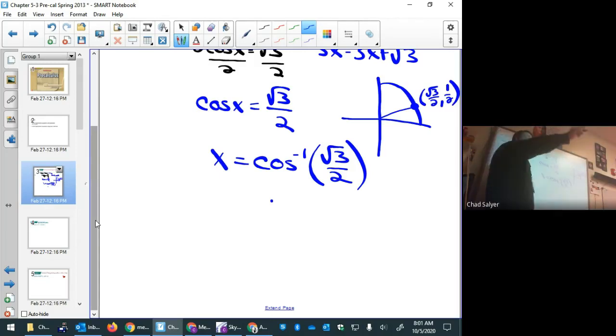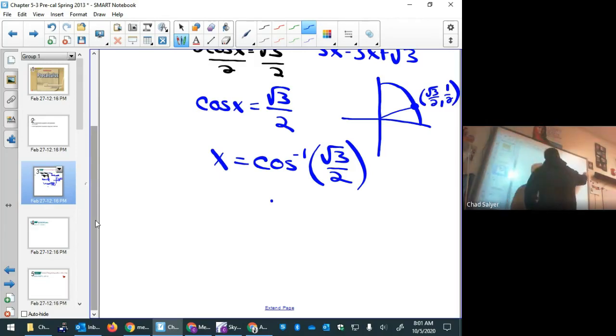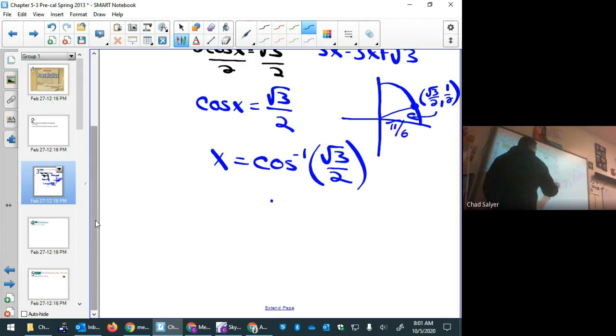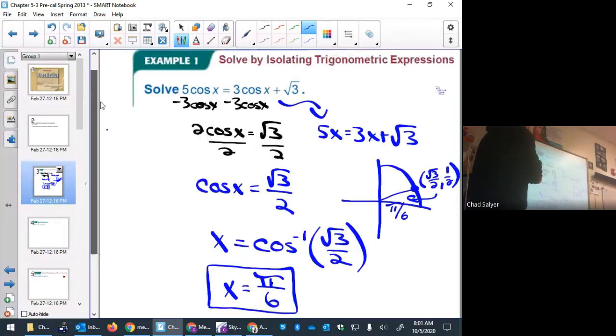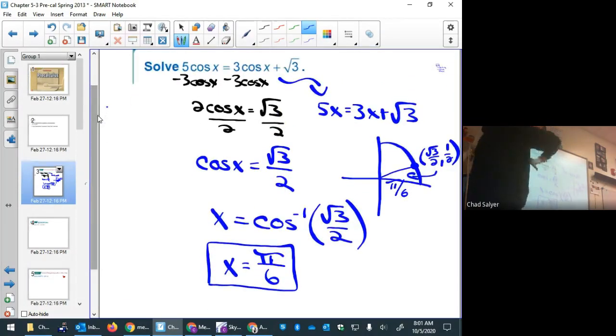Questions? Okay, so I know the x coordinate on the unit circle is square root of 3 over 2 right here, and that base angle is 30 degrees or pi over 6. So x equals pi over 6. That's a solution. How many solutions are possible?